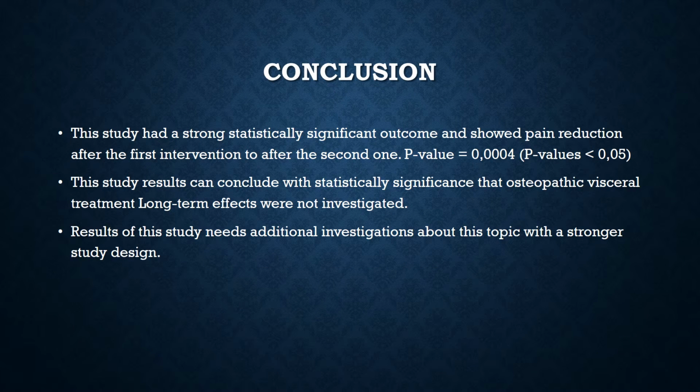The goal for this study was to clear out if there were any connections between low back pain and slow colonic transit in patients with sigmoid tensions. The sigmoid was treated by visceral manipulation, and the pain level was measured before and after with the visual analog scale.